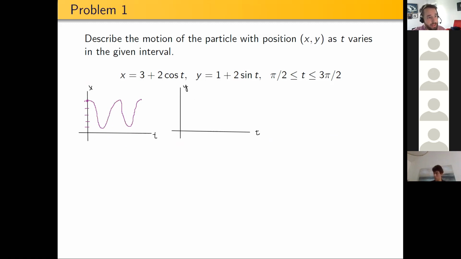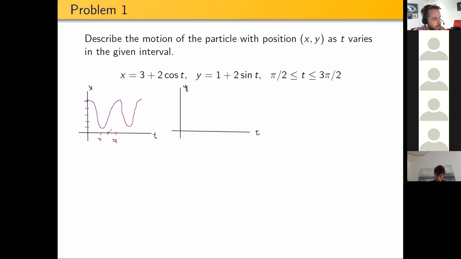Now, we are specifically given a range on the t values that we care about here, right? t is supposed to go from pi over 2 to 3 pi over 2. We could explicitly mark off where that happens on this function. The cosine function starts at its highest point at t equals 0, is at its lowest point at t equals pi, and is at its highest point again at 2 pi.